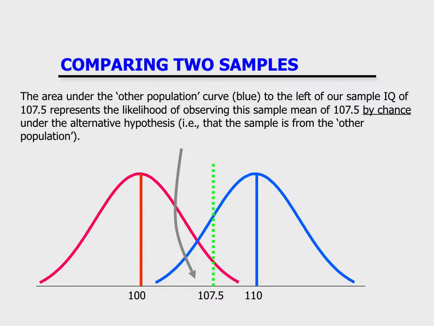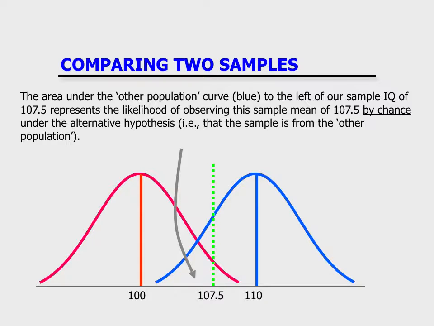So what we're saying here really is that a score of 107.5, taking everything that we've said before, is statistically different than the population that has an average score of 100. However, it is not statistically different than the population that has an average score of 110.